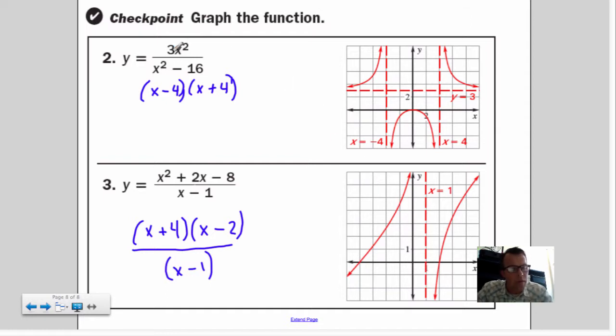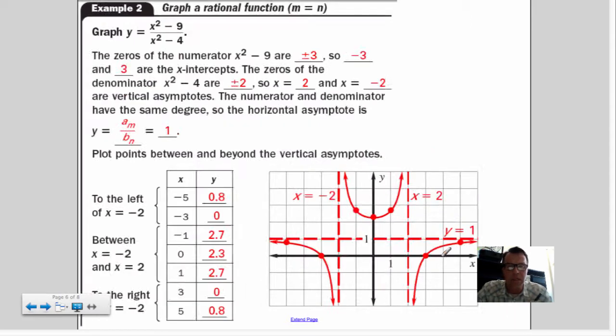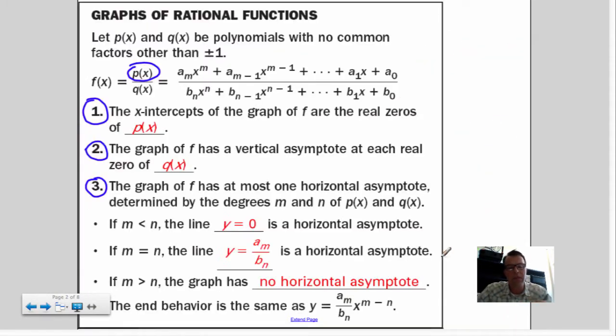Again, set 3x squared equal to 0, and you get 0. And there is your x-intercept. Set this equal to 0, factor, and you'll find that you're crossing at -4 and 2. So really consistent pattern, right? Set the top of the rational function equal to 0, and that finds x-intercepts.